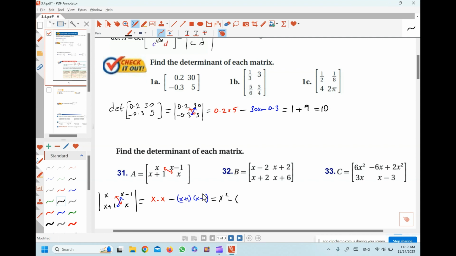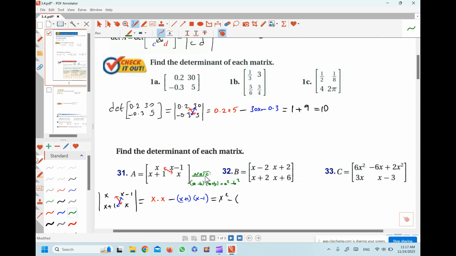So you either do the distribution one by one, or you could remember the difference of perfect squares, like a minus b times a plus b is equal to a squared minus b squared, from grade 10.